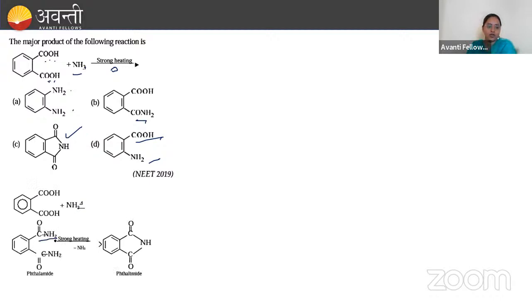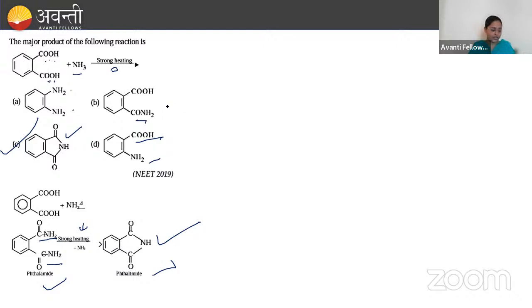First of all, amide is going to form, then amide is going to form again. So phthalimide is going to form on continued heating. So there will be formation of phthalimide, that is option C. Priyadarshani was right. So option C is the correct answer, and such a mechanism will take place in this molecule.